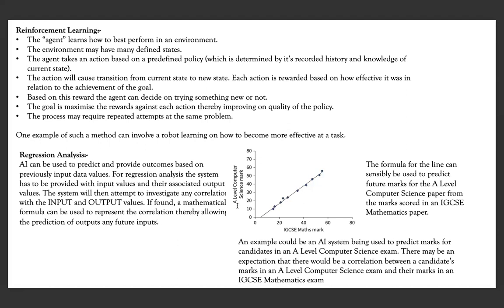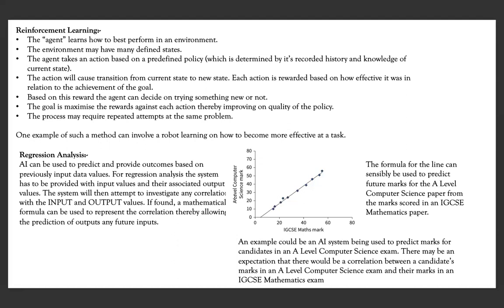Once the correlation has been established between IGCSE and A levels marks, it can be represented in a formula. Based on that formula, any future IGCSE maths marks can be used to predict what A levels computer science marks the student may achieve.